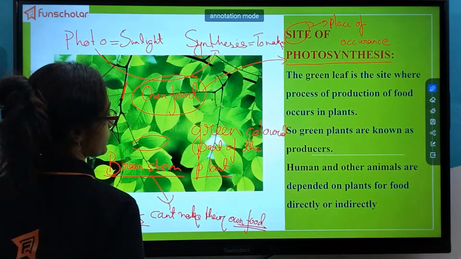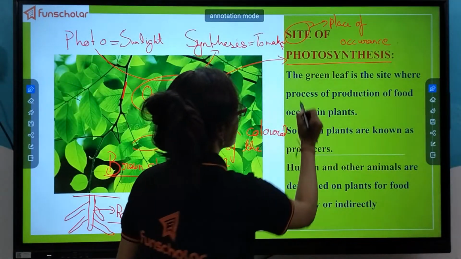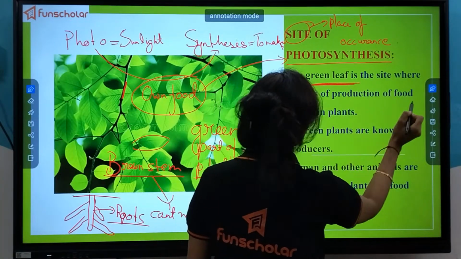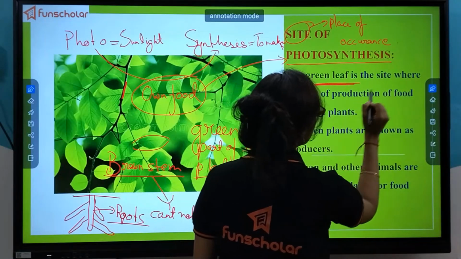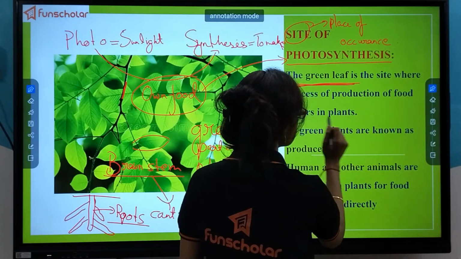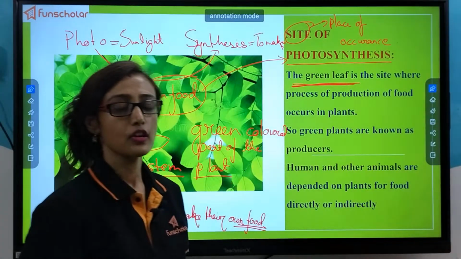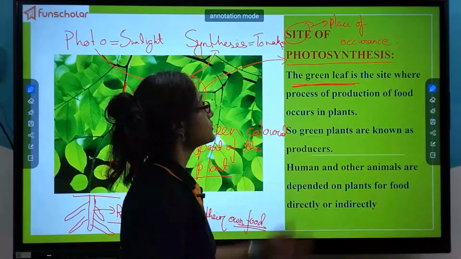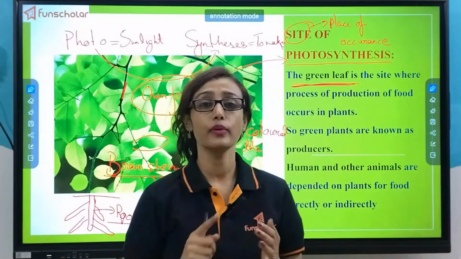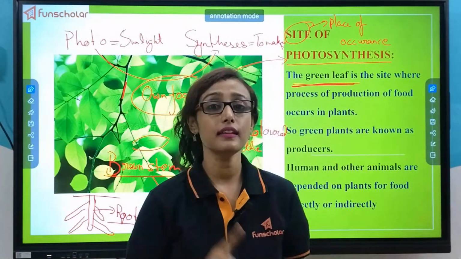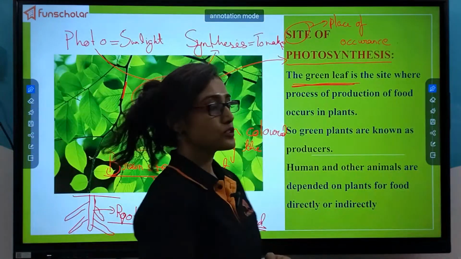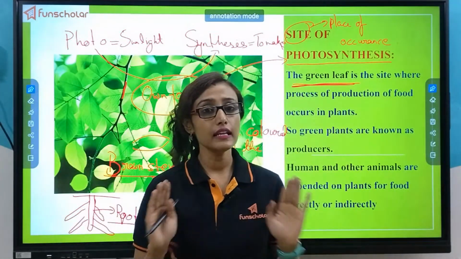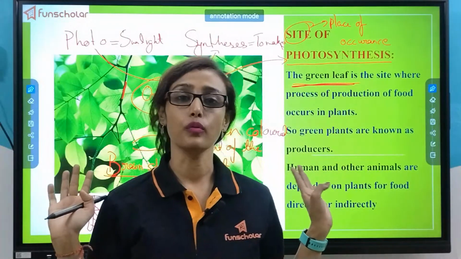Okay? Okay. Now let's read. The green leaf is the site where the process of production of food occurs in plants. So if the question is asked what is the site of photosynthesis, you will always say green leaves. So in this world, only green leaves can make their own food.